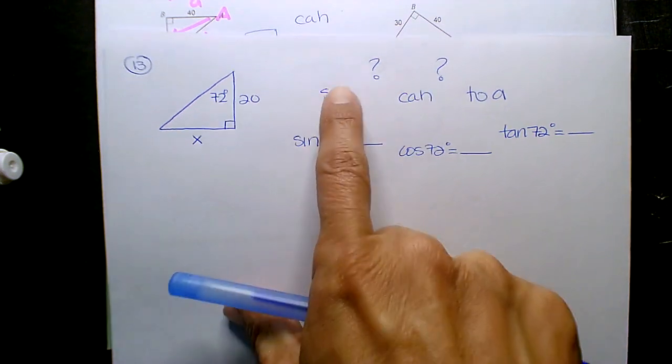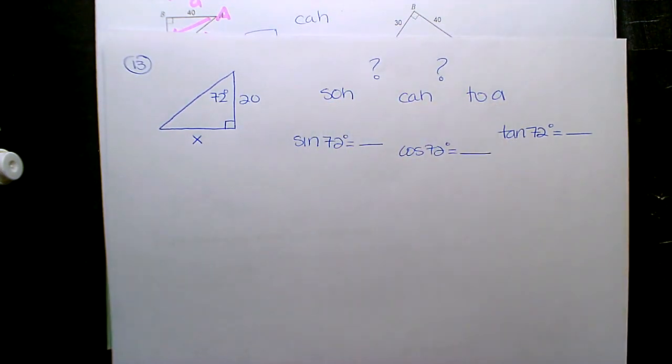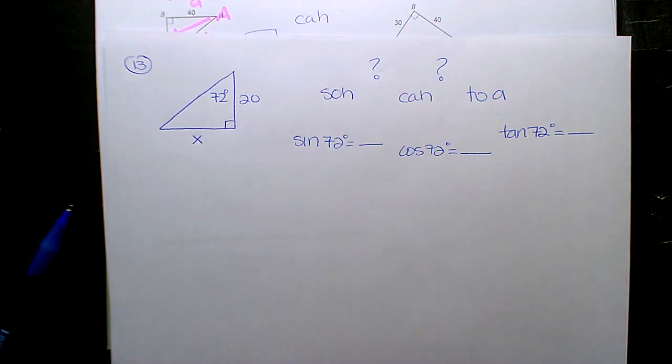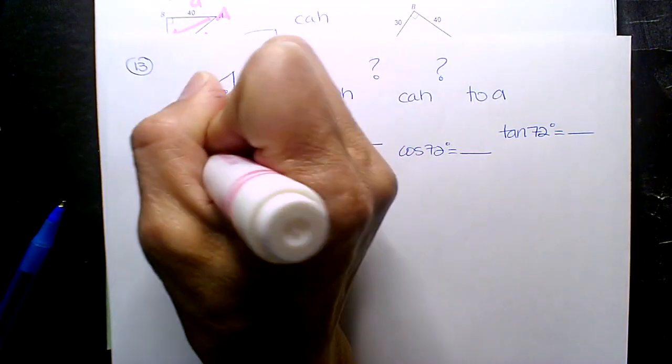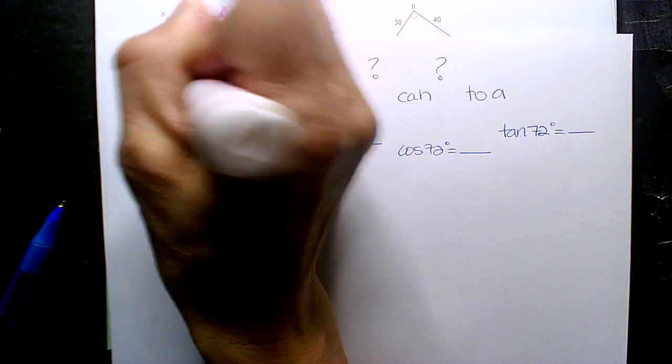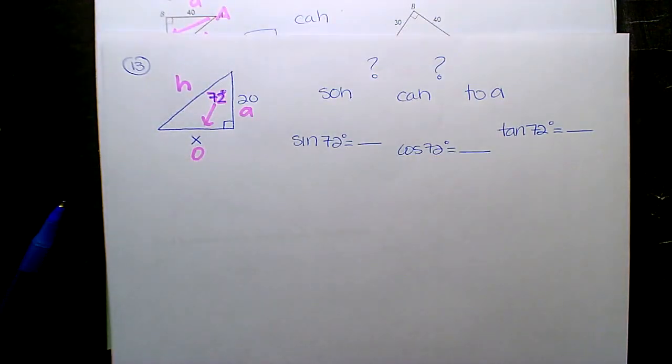Which one do you use? Sine, cosine, or tangent? Okay, the angle, now it's not a letter. Now they're giving you an actual degree, so we're going to use the calculator. If they're giving us 72 degrees, and this is my angle, then this is O, A, and H. Now, when I look at OAH, or you look at your original triangle, H is blank.